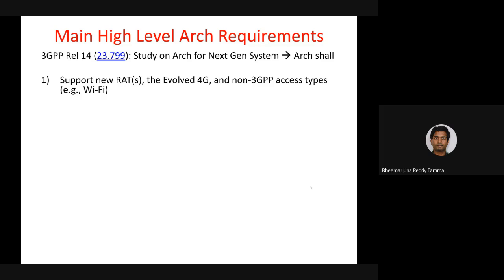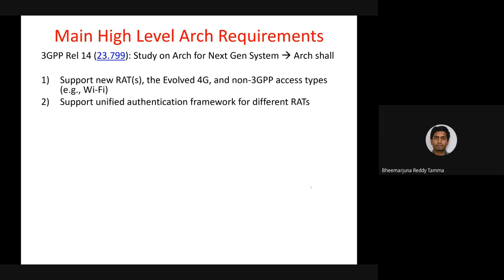That means the 5G system architecture should support not only 5G NR, it should also support 4G, and also Wi-Fi and tomorrow maybe satellite systems as well. So the requirements are quite broad and encompass all different kinds of access types.